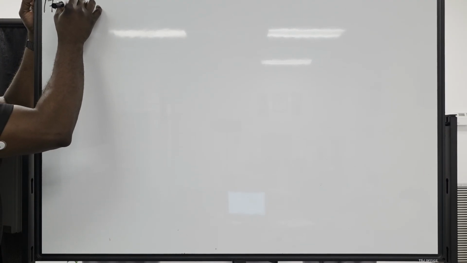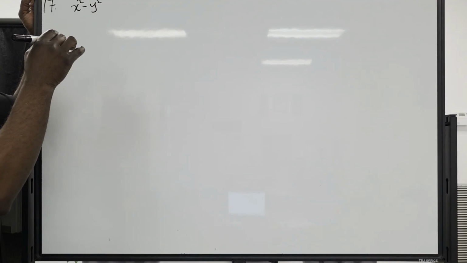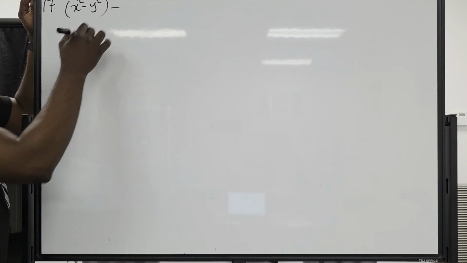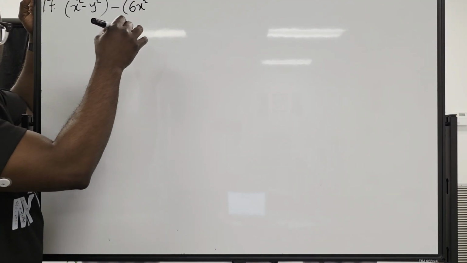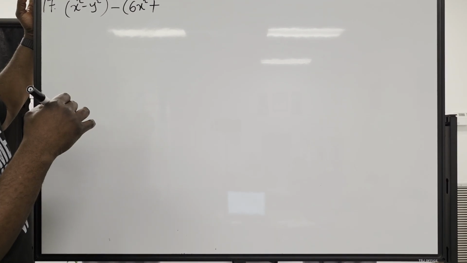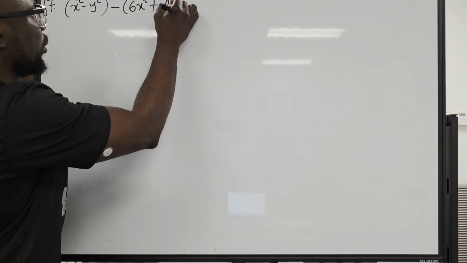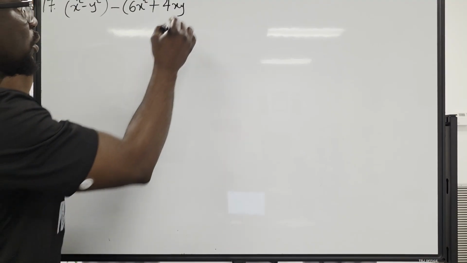Question 17 says, which of the following expressions is equivalent to x squared minus y squared minus (6x squared plus 4xy minus y squared)?